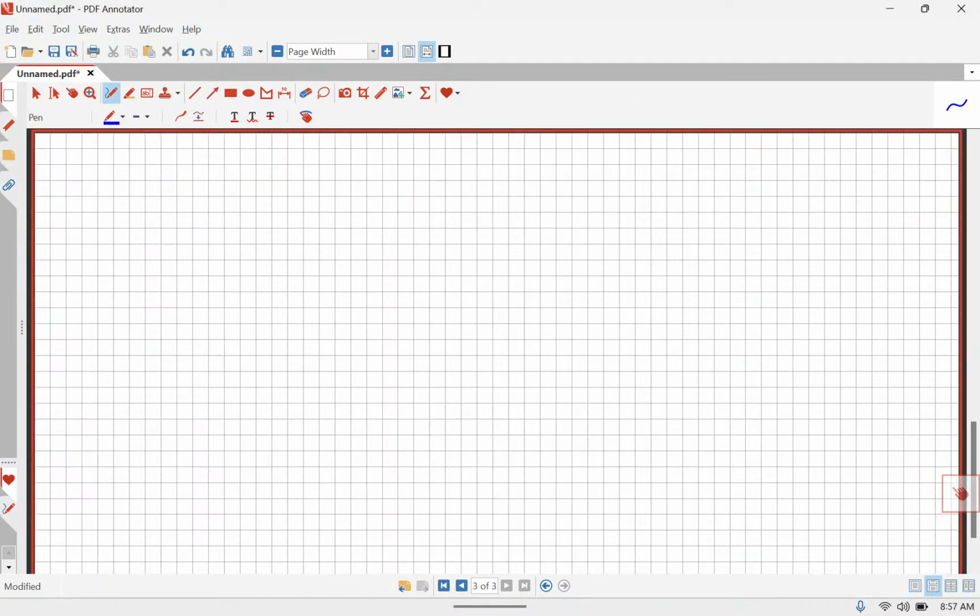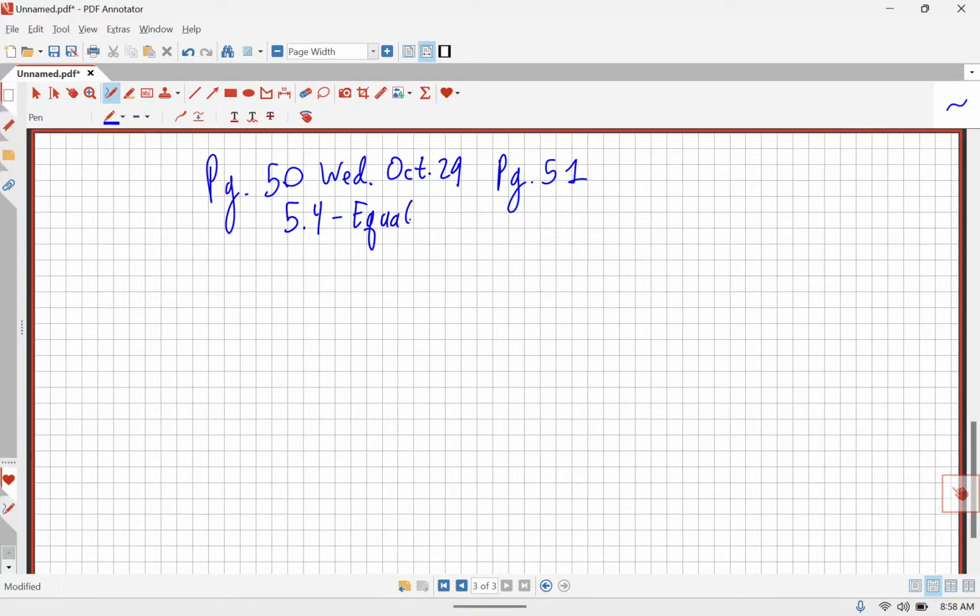Will you guys open your planners, please, to page 50? Page 50, and we'll actually want page 51 as well. On Wednesday, October 29th, today you're going to work on 5.4. That's your equations review. And that'll let you know about the levels on tomorrow's skill check, and we'll look at that together in just a minute. Yesterday was 5.3.